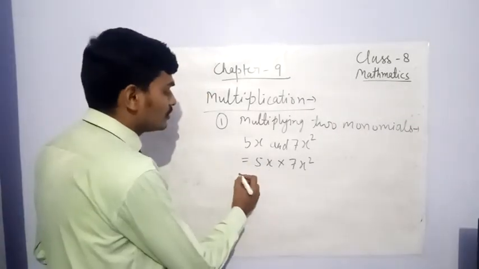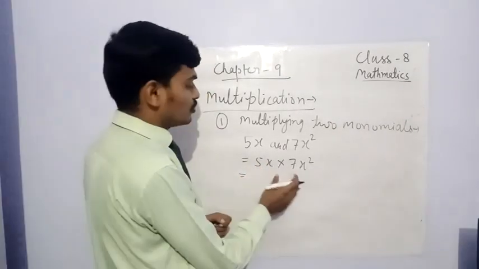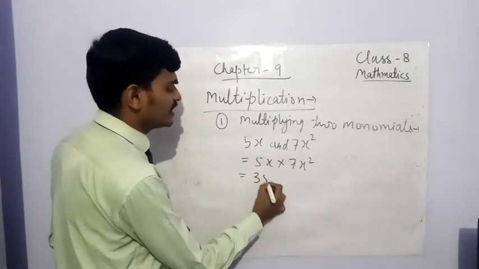For example, 5x into 7x square: multiply 7 into 5, that is 35.